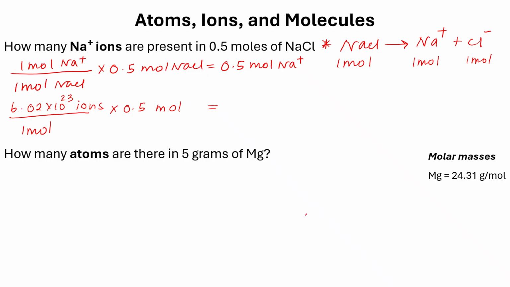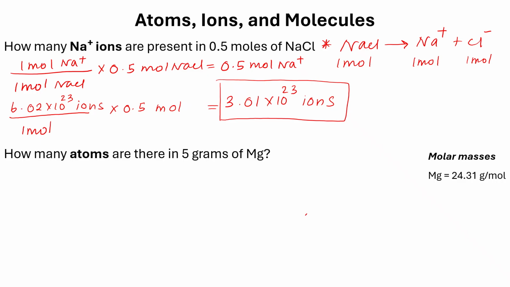So this gives you 3.01 × 10^23 ions. So when you have 0.5 moles of sodium chloride, you can obtain 3.01 × 10^23 sodium ions.